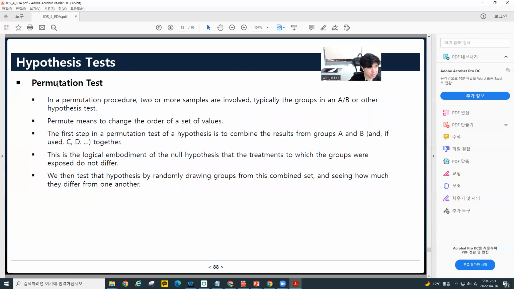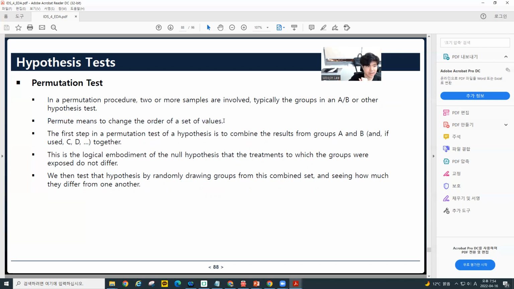The basic idea of the permutation test is that we set the groups A or B or others, and then we permute the values to change the order and set of the values.